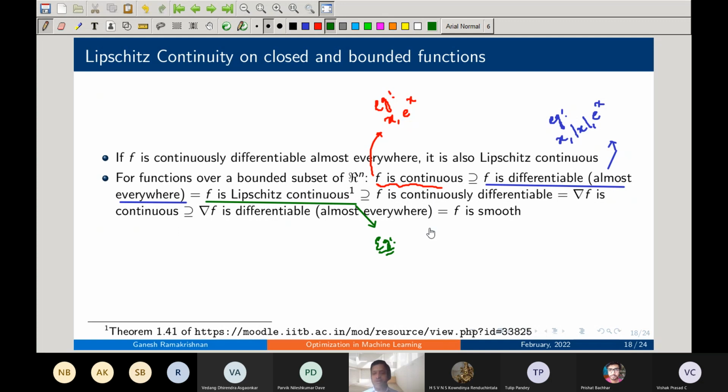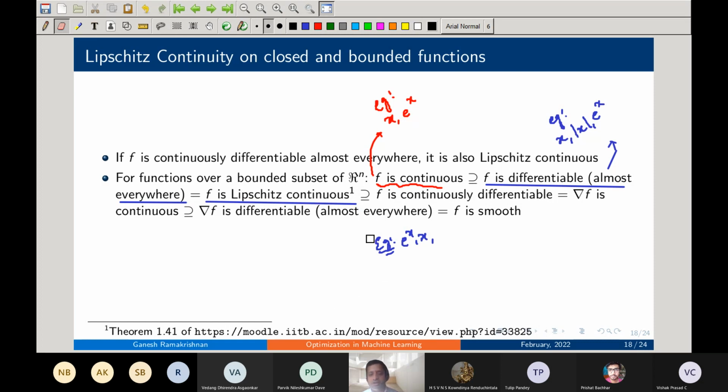Is it Lipschitz continuous? Yes, Lipschitz continuous. Is absolute value of x? Yes, in fact it's exactly the same. F is differentiable almost everywhere, the same as F is Lipschitz continuous. Sorry, I should just use the same color. All of these are the same. Let me just use a blue color here. The same.